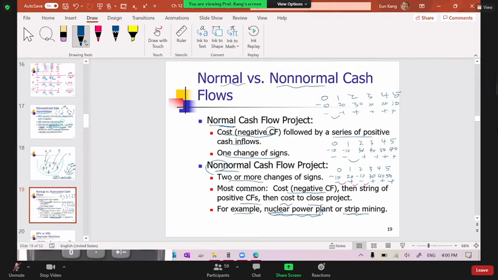Or strip mining. The regular mining is what? You just make a hole or some cave, and you just get some gold or whatever, right? Strip mining is you cut all those hills, the land, where you just get rid of all those things.